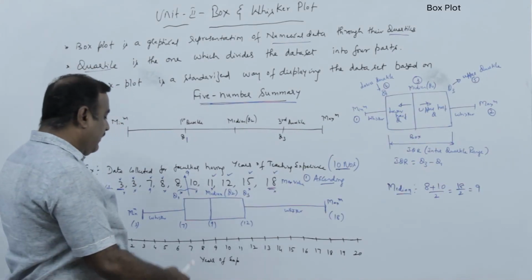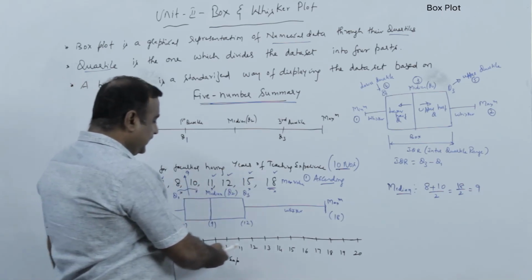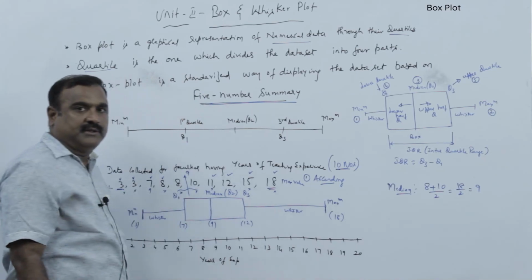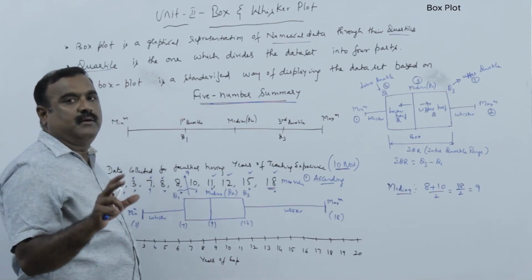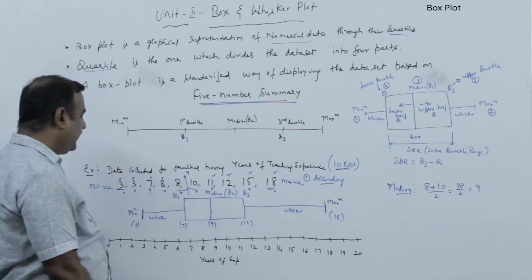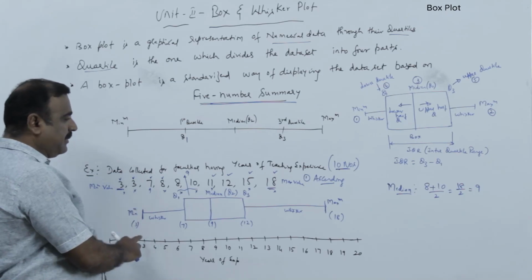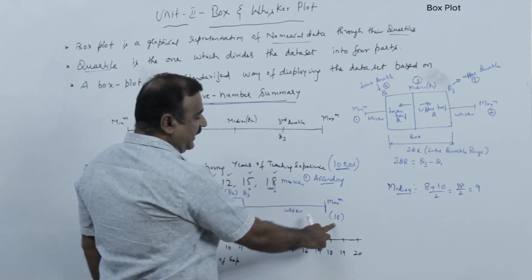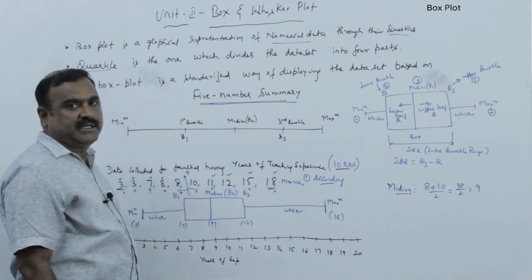We had 10 faculty members who gave us their years of teaching experience, and this is the data they have given. For this data I have to find the 5 number summary. The minimum value is 3 and the maximum value is 18. This is the first step, minimum and maximum.